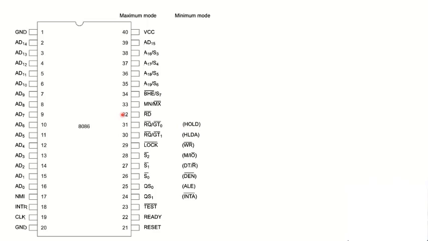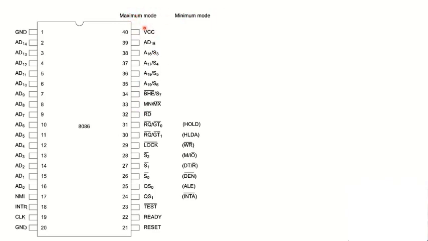So this is the pin diagram of 8086. Here you can see this is 1 to 20 and 21 to 40, so this is a 40 pin IC. It has two operating modes, first minimum mode and second maximum mode. These are identified by this pin: if 1 is applied at this pin, the microprocessor is working in minimum mode, or if it is 0, it is working in maximum mode.